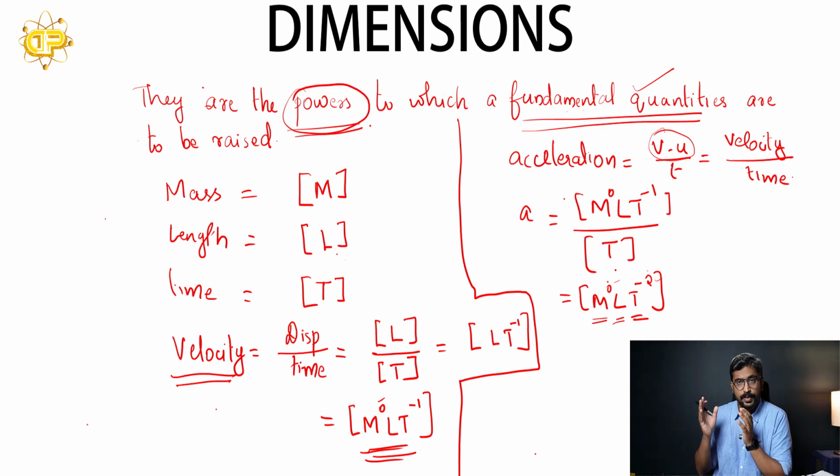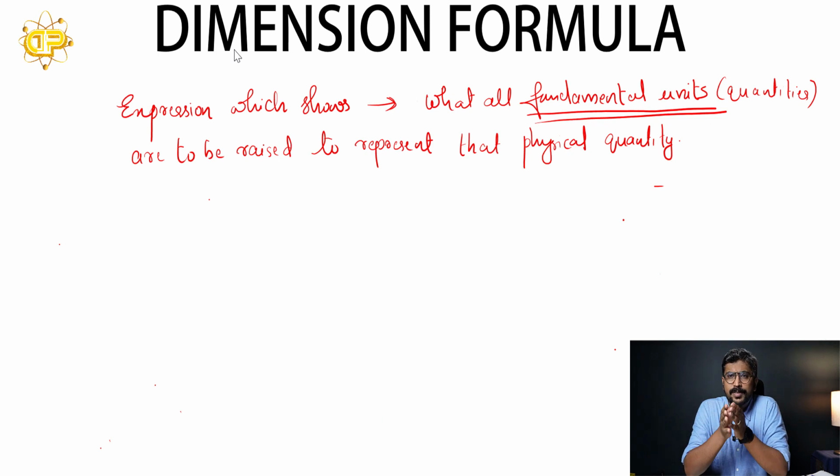Now, straight to the next section, that is, what do you mean by dimension formula? Dimension formula has the same story behind it as dimension itself. The dimension formula of a physical quantity states what all fundamental quantities are present in that particular physical quantity and what are the powers raised to those fundamental quantities, and we represent this in a form and we call it the dimensional formula.